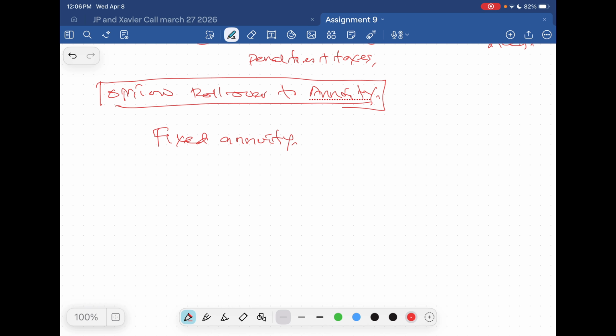It could be a variable annuity, or it could be a fixed index annuity.